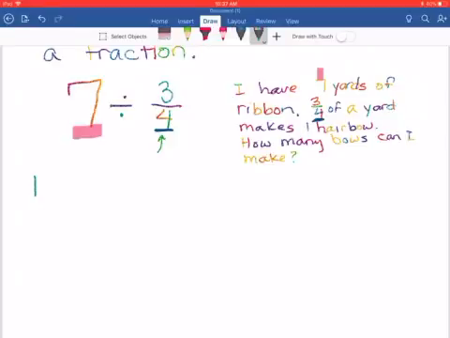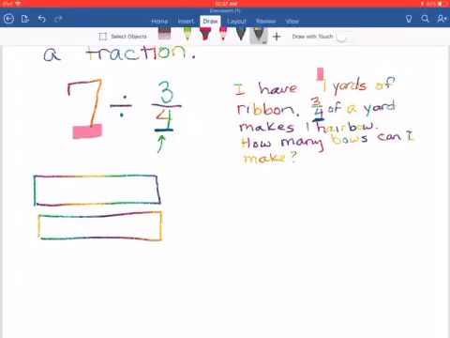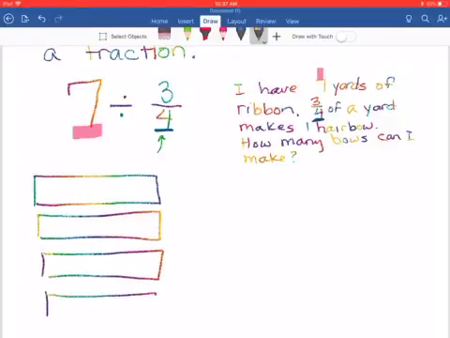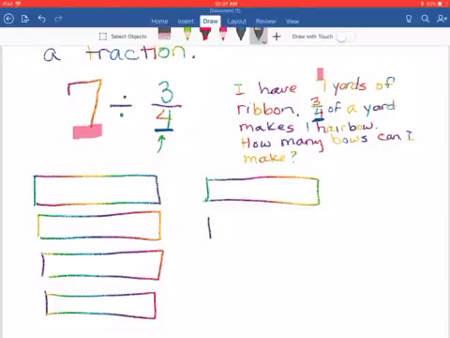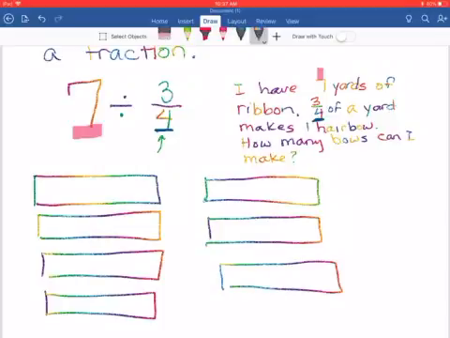So you're going to draw it out. And friends, I know you don't like to draw, but trust your teacher on this one. It will help you. So there's 4, 5, 6, 7.